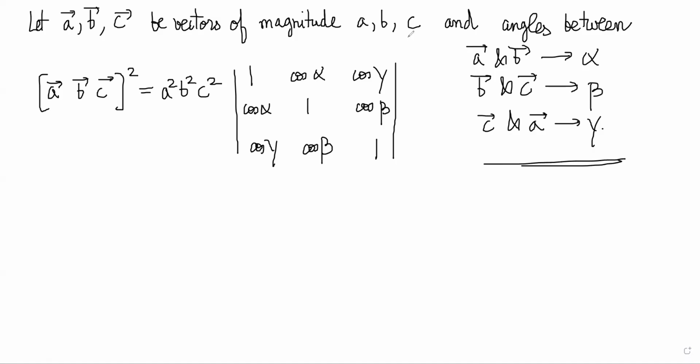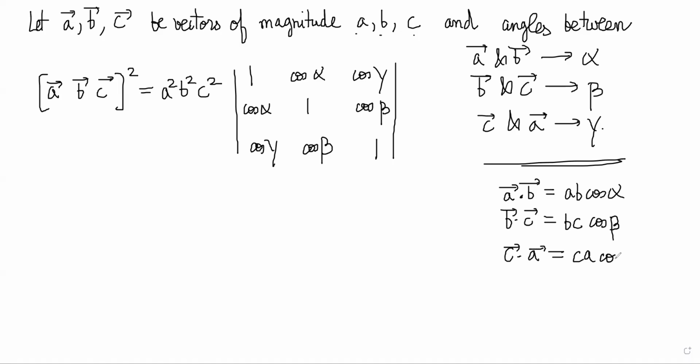So ABC are vectors of magnitude ABC. Angle between the vectors is alpha, beta, gamma. So what I know is that A dot B is going to be AB cos alpha. B dot C is going to be BC cos beta. And C dot A is going to be CA cos gamma. These are the three things that we know, right?